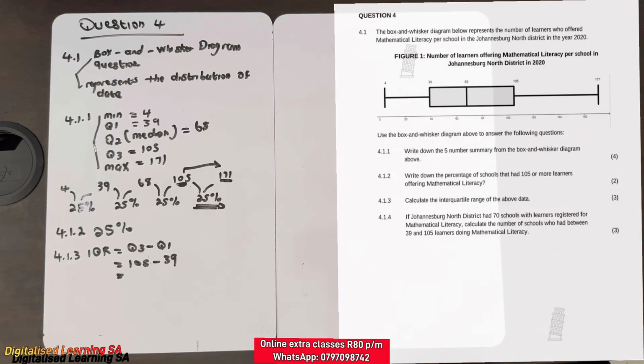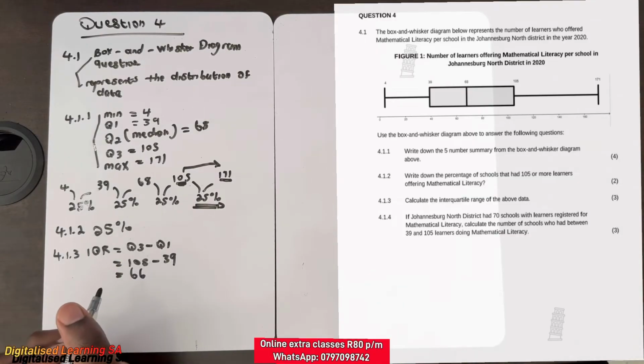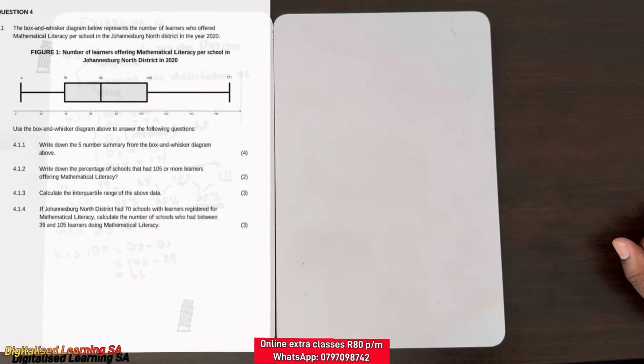If we plug in 105 minus 39, we will get 66. So our interquartile range will be 66. Now let's move to question 4.1.4.